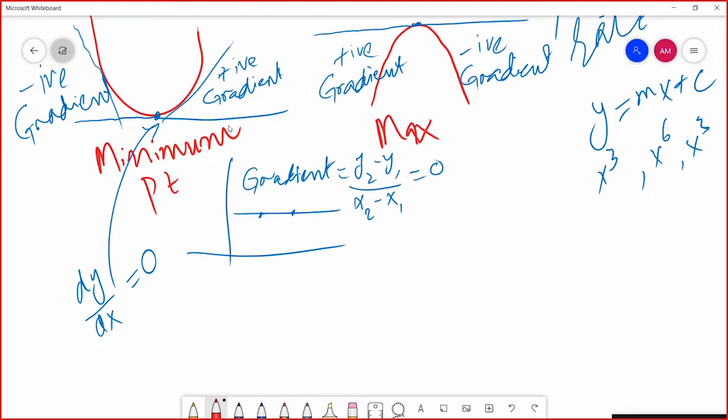Normally the parabola has the highest power 2, but it can be higher. So there could be something like this, where you have an equation and the curve is like this. And if you see this point here, what is dy upon dx at this point?